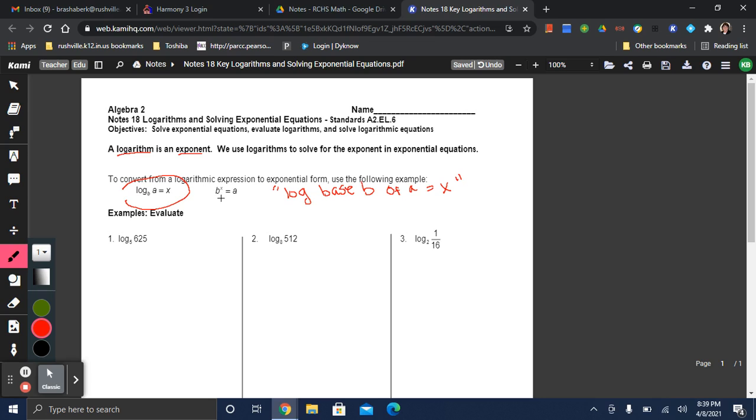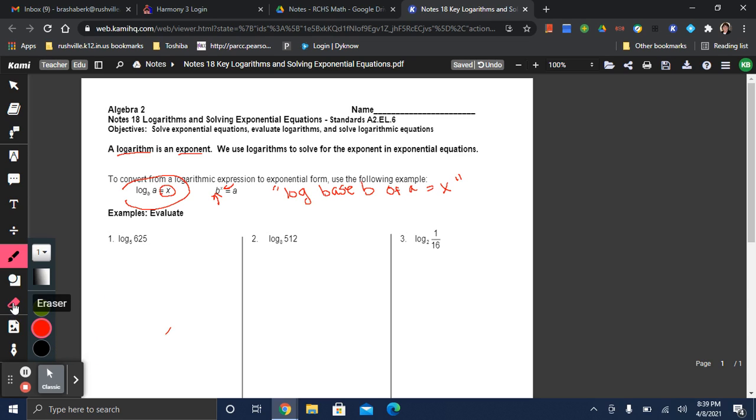So the b is the base. So you would translate it to an exponential like this. The x, the part that the log equals, is the exponent. So logs equal exponents. And then what you're taking the log of, I call that the argument. That's what your base to the x power would equal.